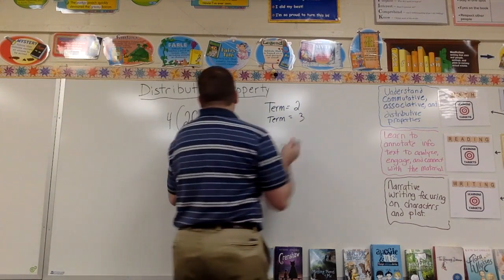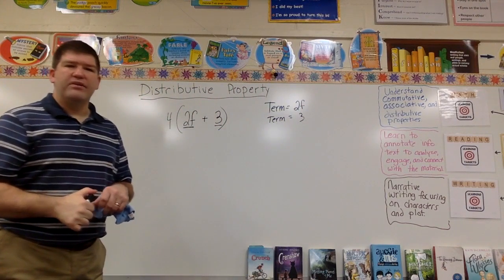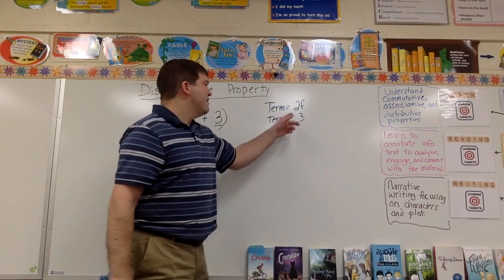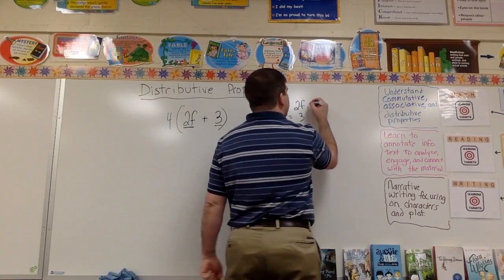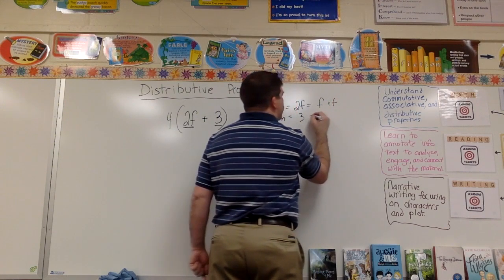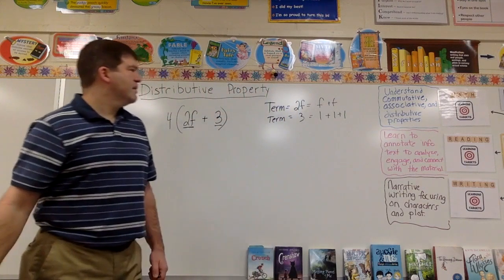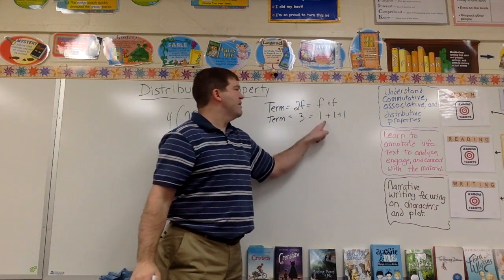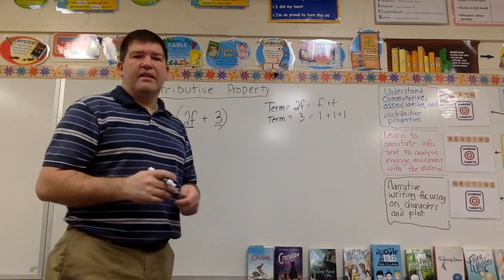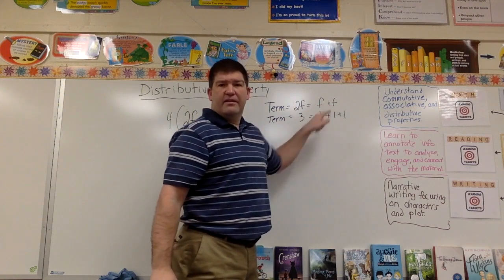But because this has an f, you're not going to get 5f, because the way you think of it is this is f plus f, and this is 1 plus 1 plus 1. Okay? So I have my 2 f's and I have my 3 1's. Nothing is alike. Okay? These 2 f's are alike.